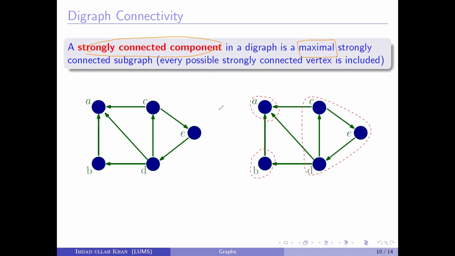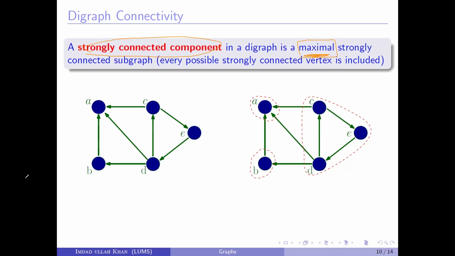If within that subgraph every pair of vertices is strongly connected, then that is a strongly connected subgraph. And if we make it maximal, which means that no further vertex can be added into that subgraph while maintaining its connectivity, then that kind of subgraph is called a strongly connected component.